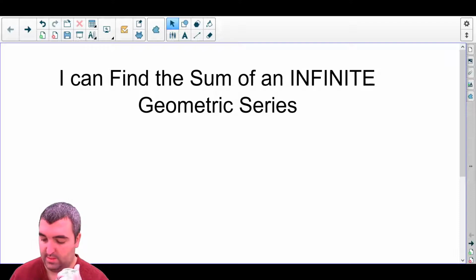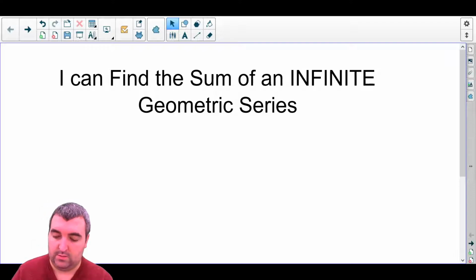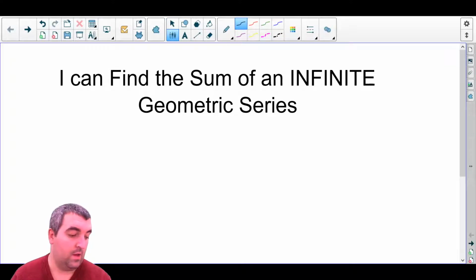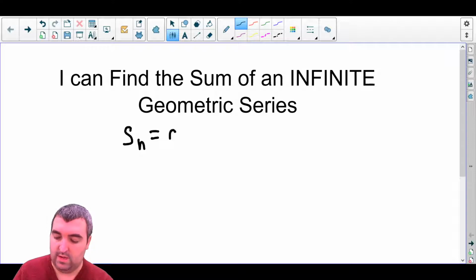So if we take the sum of a finite geometric series, it'd be S sub n equals a sub 1 times 1 minus r to the n over 1 minus r.